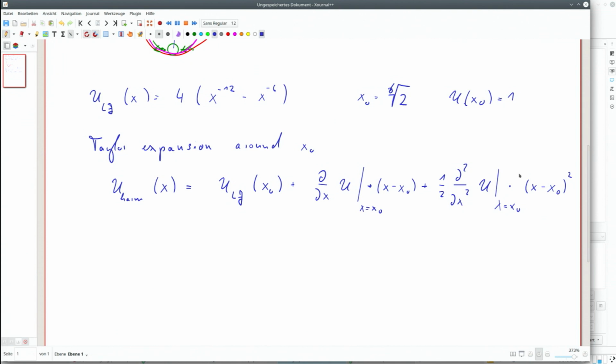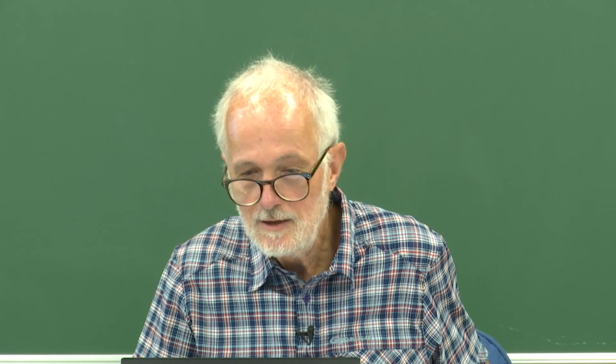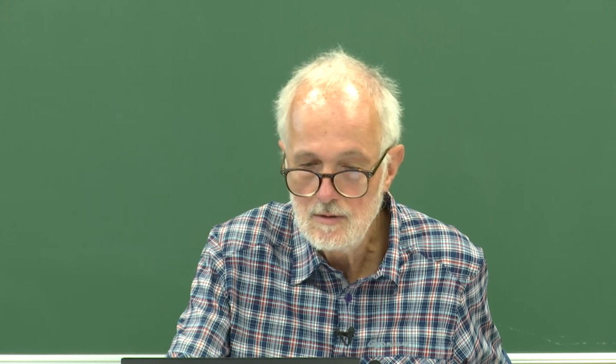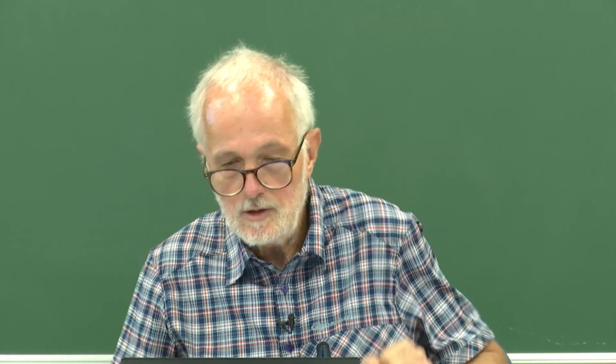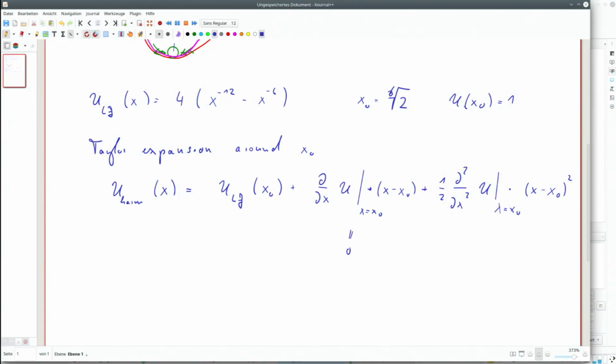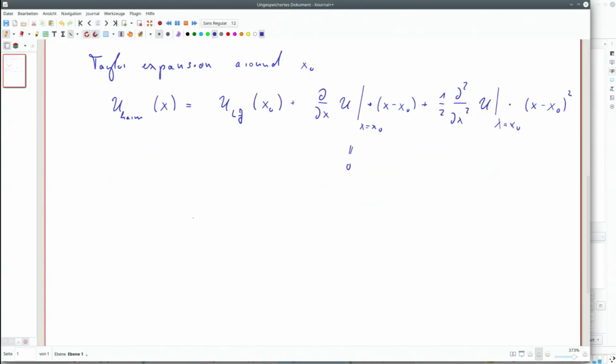If I do it for the Lennard-Jones potential, this would be -1. For all the potentials, if I take the equilibrium position at this position, this derivative is 0. Here the tangent is horizontal. So that's 0. And we keep only this square term here.